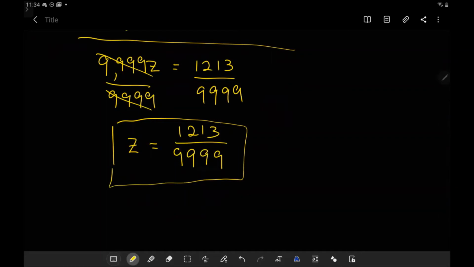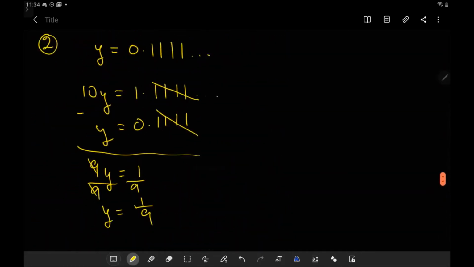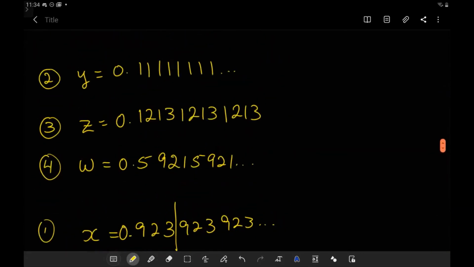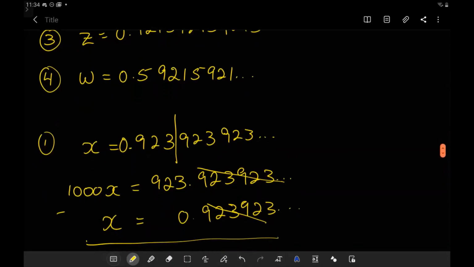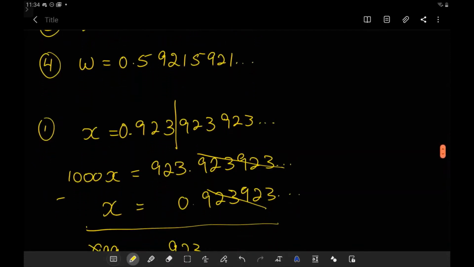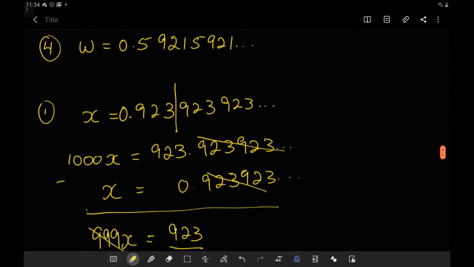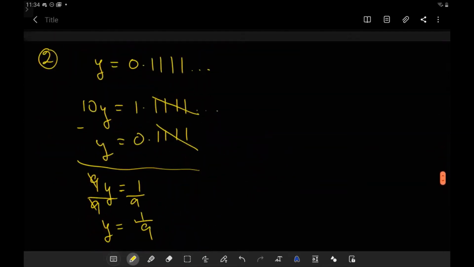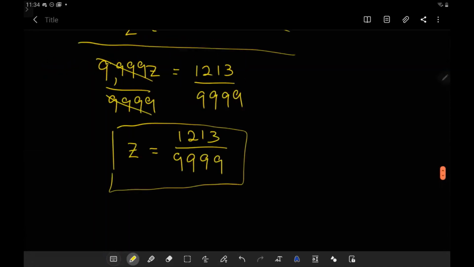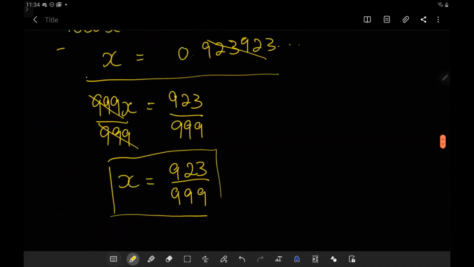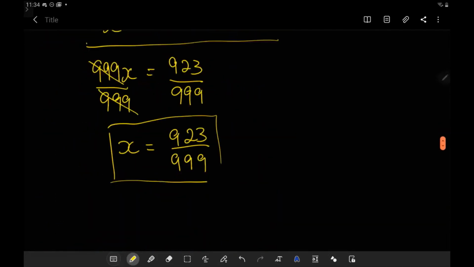All right, so everybody understanding this so far? No questions? All right, and the last part, w is equal to 0.59215921 and so on. Is it 9521 or 5921? 5921.